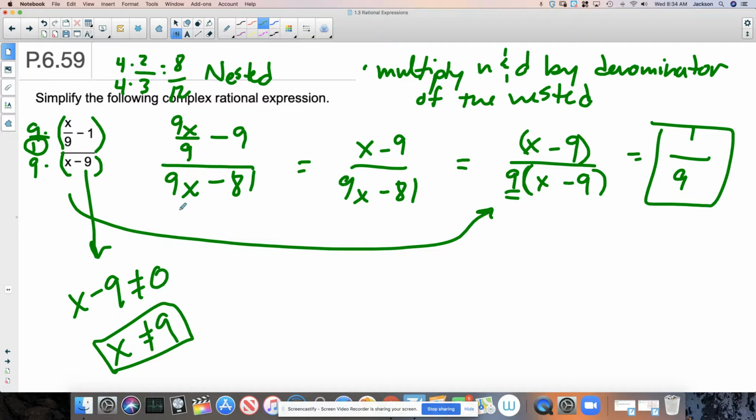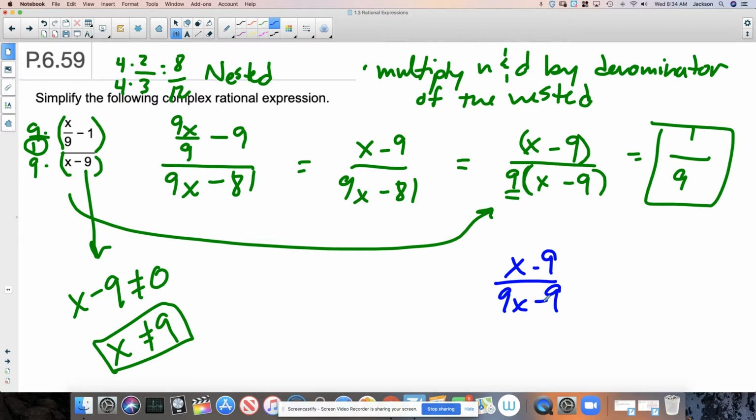Okay, I'm going to come back here for a second and talk about what I was mentioning before. If I had this rational expression, and you look at that and say, this looks the same as that, but it's not, because in the x minus 9, this x is attached to this 9. So it is not a factor. Same thing here.